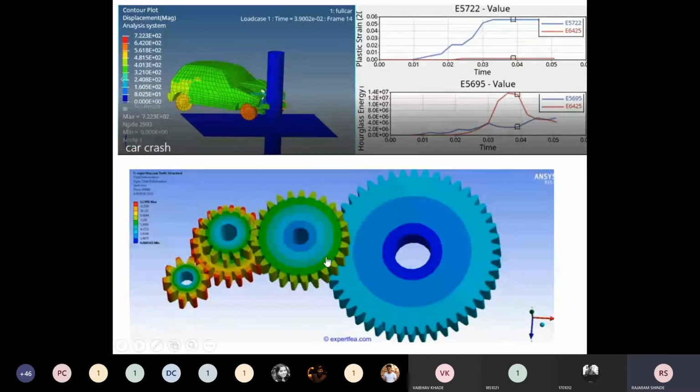For this type of analysis, analysis software is a must, and for understanding the analysis software, understanding of the finite element method is a must. I have listed some applications for your interest; there are a huge number of applications you can check on Google.